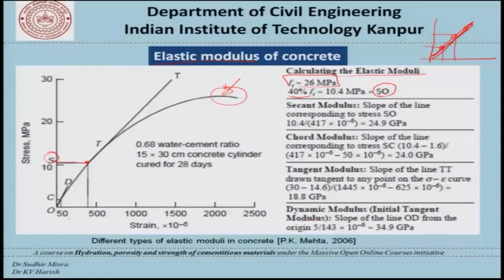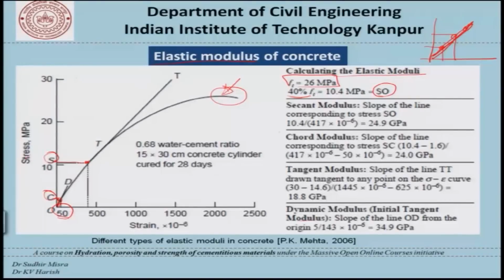The second important point in this graph is the 50 microstrain point, where we go up on the stress strain curve and find the stress level corresponding to that point.